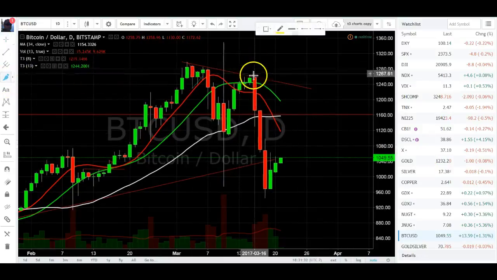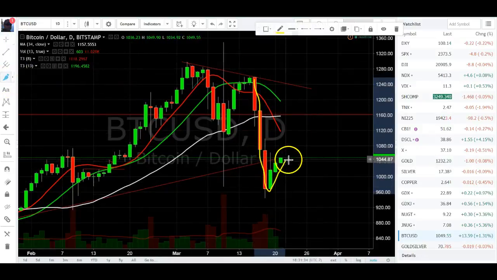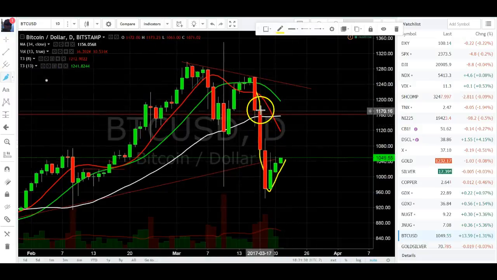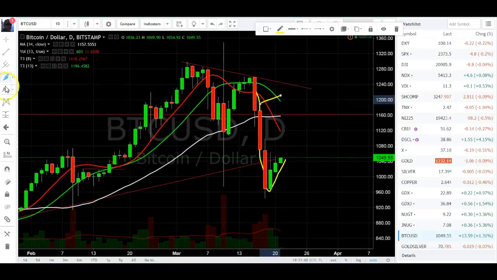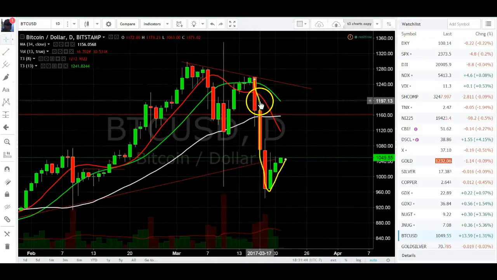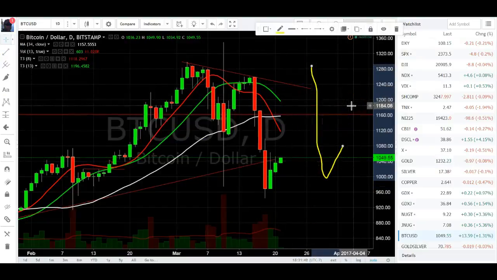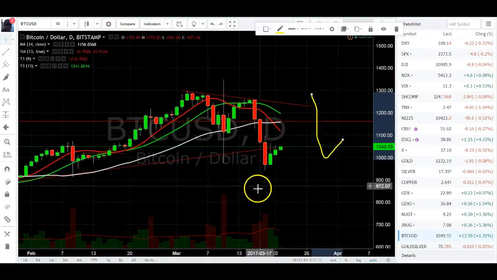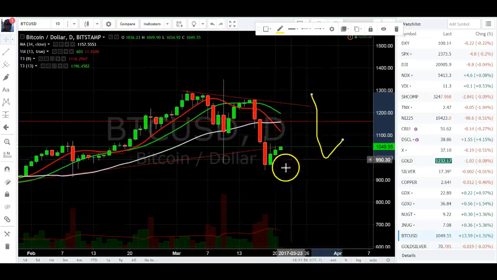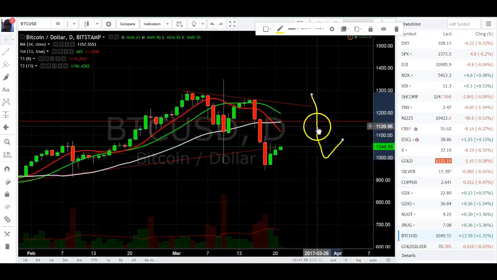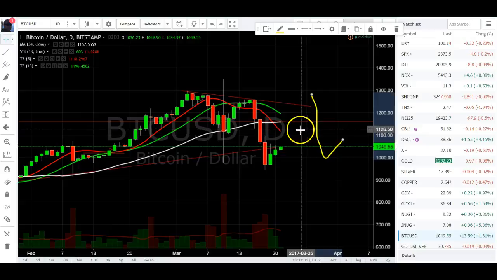But you can see that bearish flag. Just flip that over and it looks like a flag in the wind. So it's a bearish consolidation pattern coming back into resistance. We'll see how far this will go up.